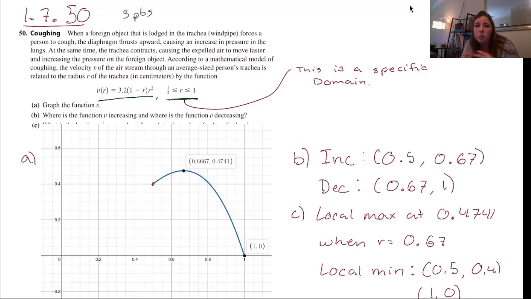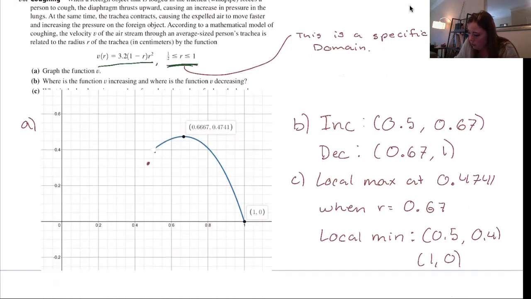I like to call it a specified domain, one that's not induced by the problem. If I would have divided by 0 or a square root of a negative, those things are induced in the function. But this one is just, I'm told r has to be between these values, like a real world specification. And that drastically changes it.